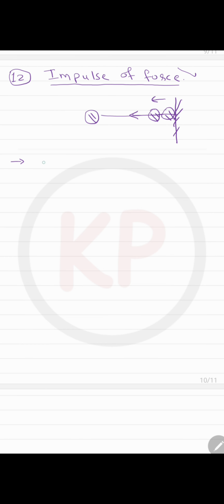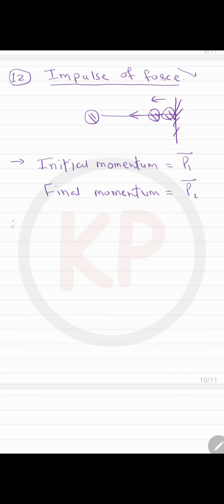If the initial momentum is P1 and after collision the final momentum is P2, then impulse, delta P, is equal to final momentum minus initial momentum.